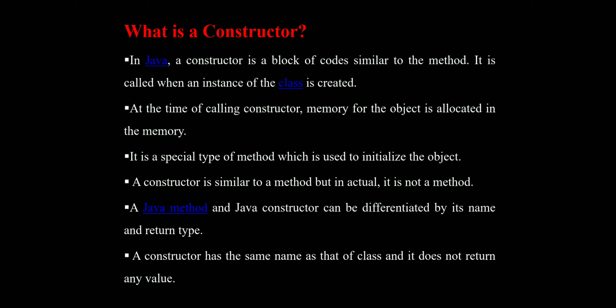A Java method and constructor are differentiated by the name and the return type. A constructor has the same name as the class name and doesn't have any return value. I hope you understand the concept of constructor.